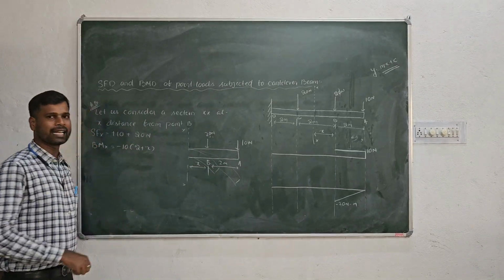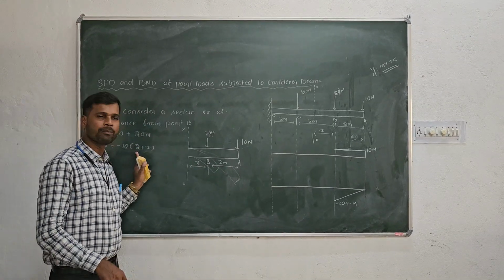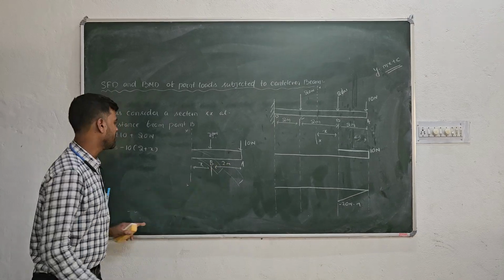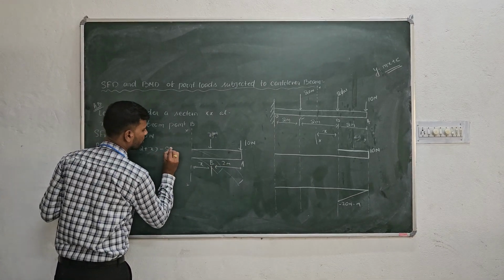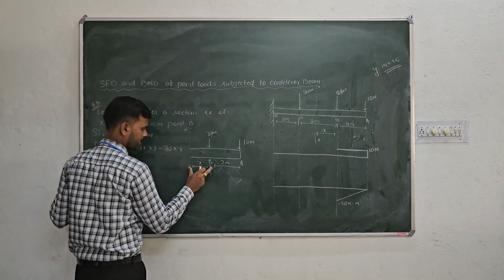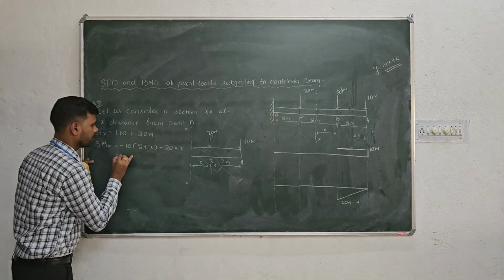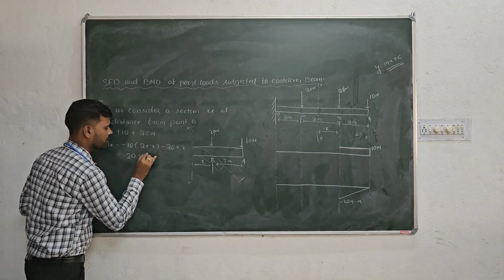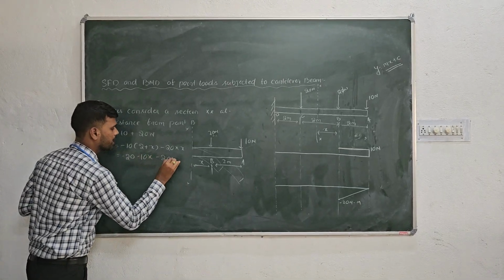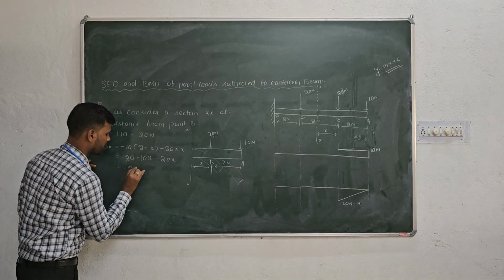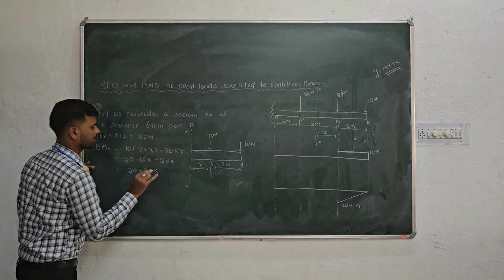Again, this is also negative because the direction is the same as the previous one. So minus 20 into x. This distance is x. So now solve it. This is minus 20 minus 10x minus 20x. This is minus 20 minus 30x.